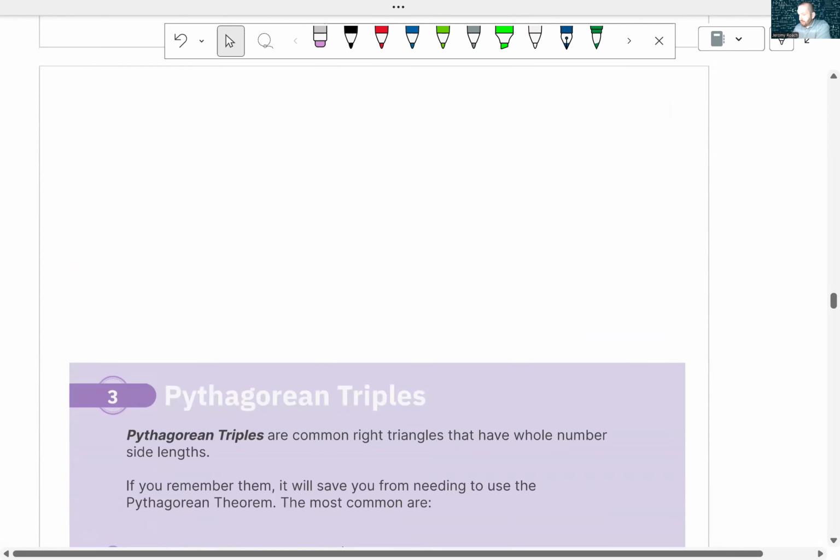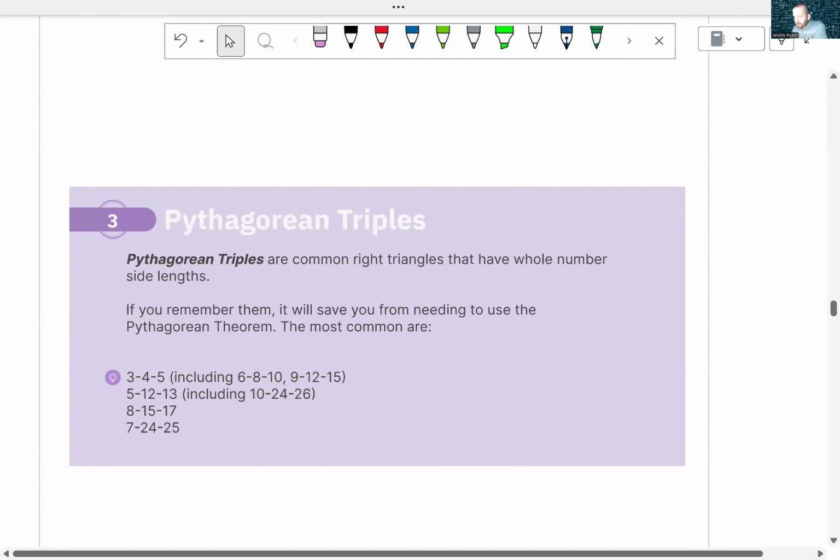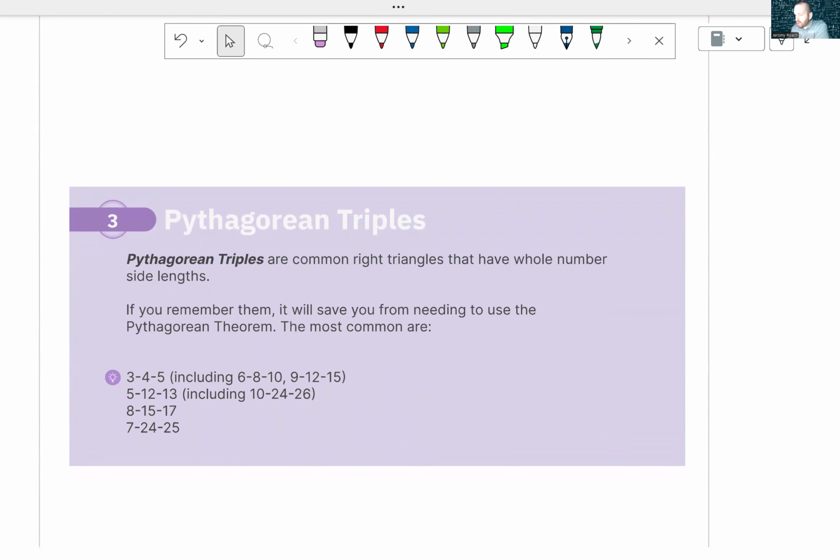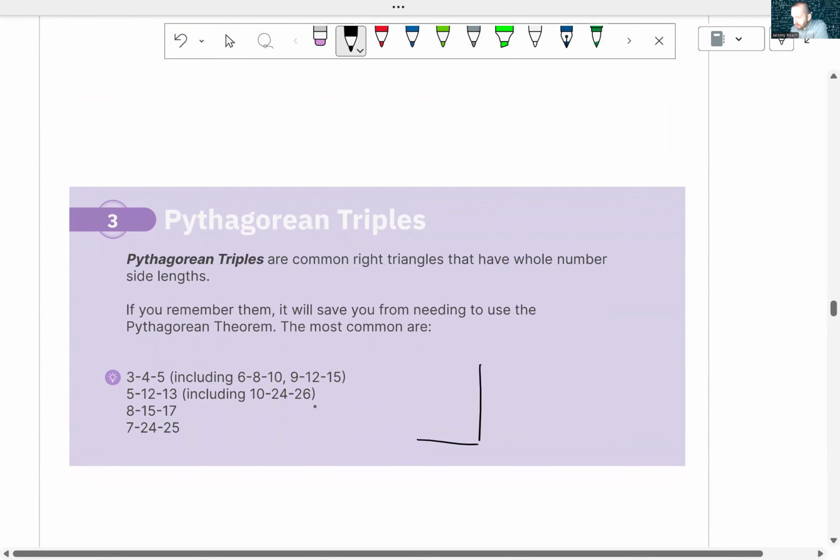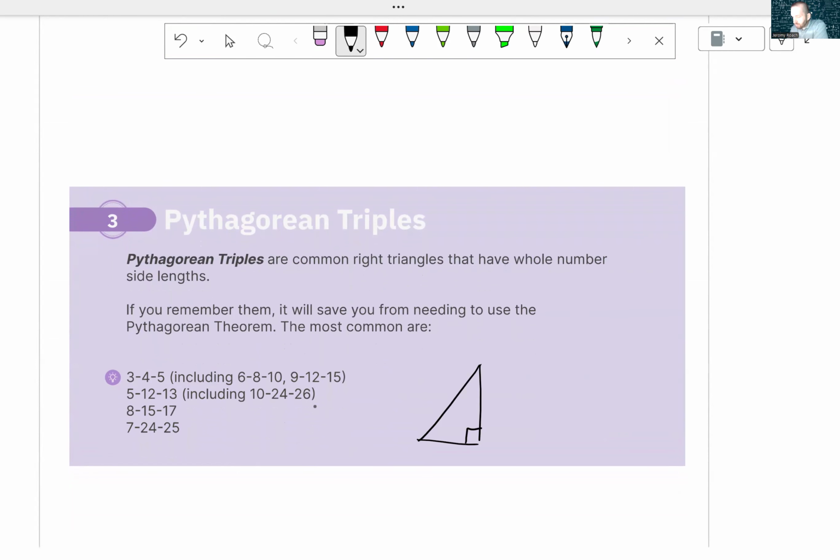Okay, let's see if we have another one. No. Okay, Pythagorean triples. These are right triangles that have whole numbers on them. If you need some information of what would make a right triangle, these are the most common ones.